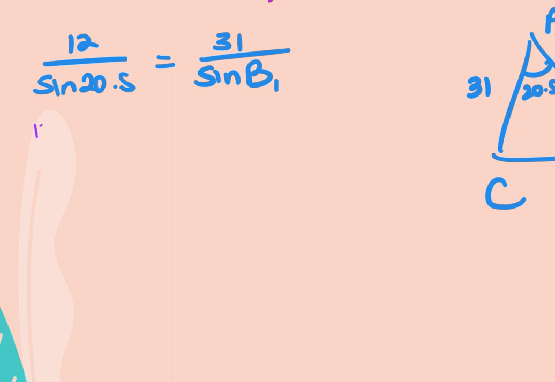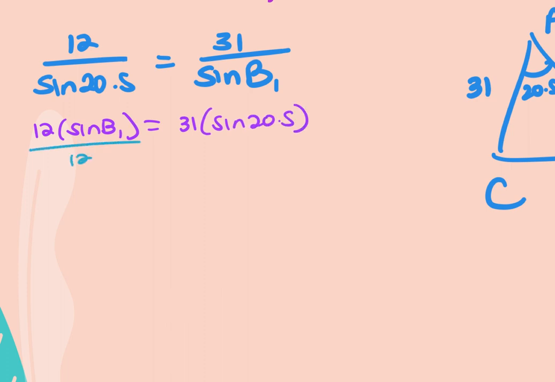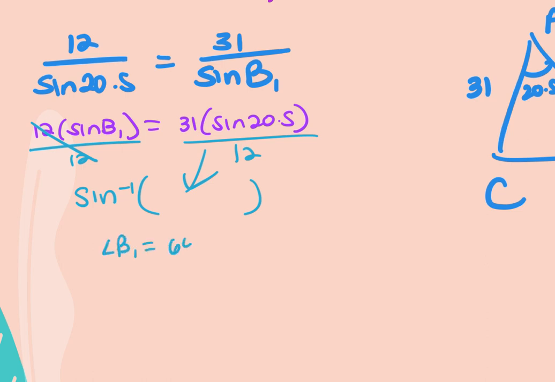Cross multiply. 12 times the sine of B1 equals 31 times the sine of 20.5. And then divide both sides by 12. I'm going to do sine -1 of that whole thing. And I get angle B1 is 64.78 degrees.